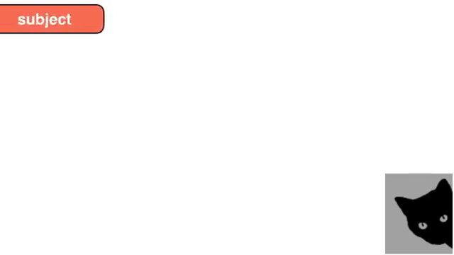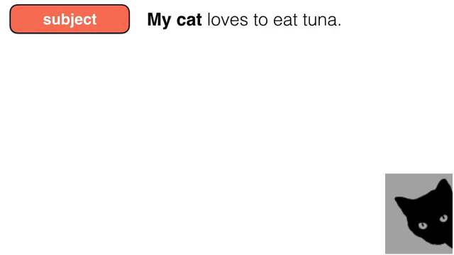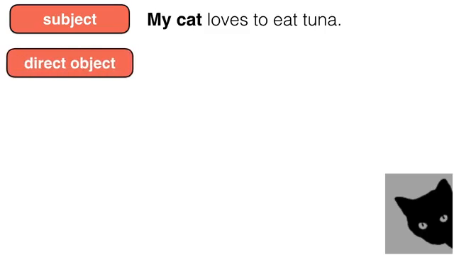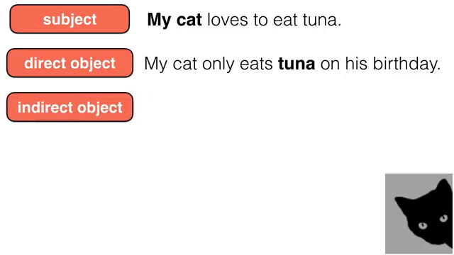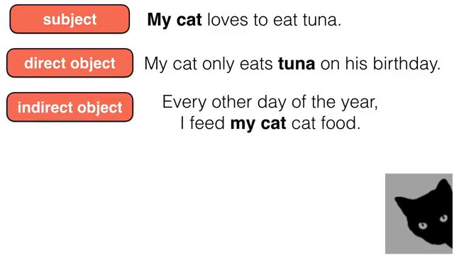Noun phrases could serve as the subject of a sentence, just like my cat does here in this sentence. They could also be direct objects, just like tuna is here in this sentence. Or perhaps they could be an indirect object, just like my cat is here in this sentence.